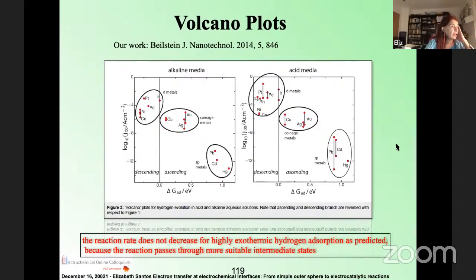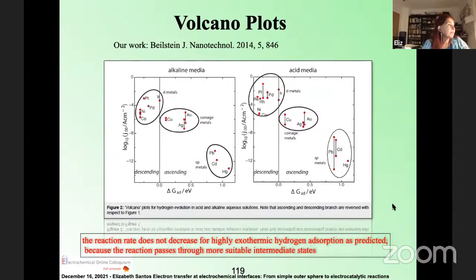And here we have recalculated some and taken some experimental data, in alkaline media and in acidic media, and then we can distinguish three groups of metals: these sp metals, the Kautsky metals copper, silver, and gold, and then the d metals that are good catalysts and have the d band near the Fermi level.